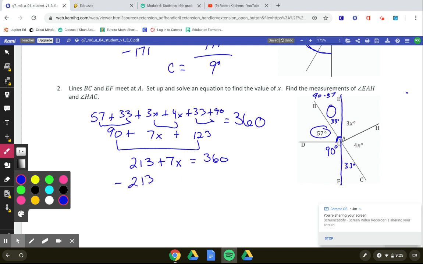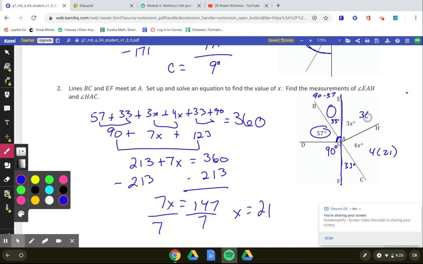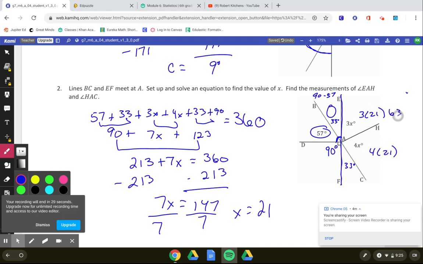Subtract 213 from both sides, and I'm left with 147 equals 7x. Divide both sides by 7, and I get x equals 21. So if I wanted to find out the angle measures here, I'm going to have 4 times 21 and 3 times 21, which gives me 63 and 84 degrees each of those.